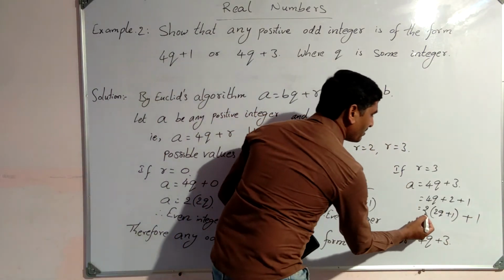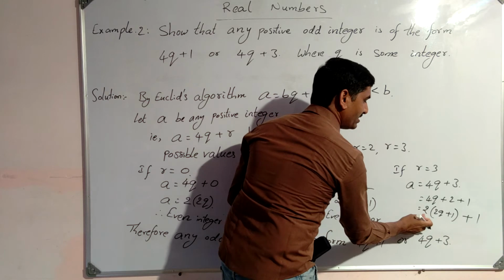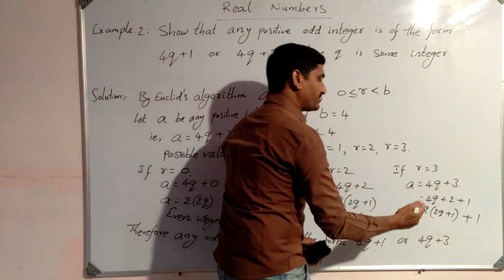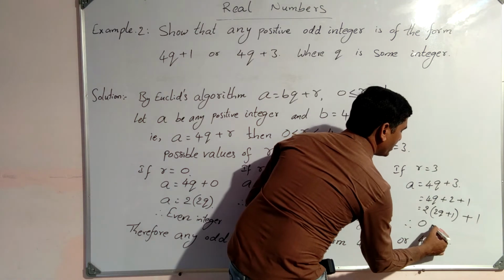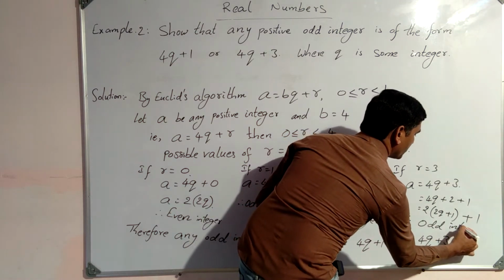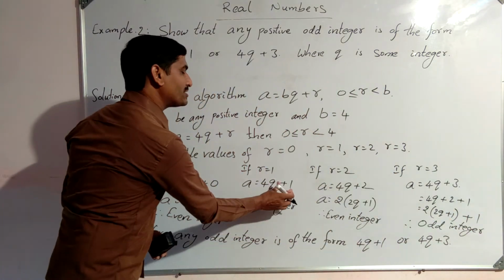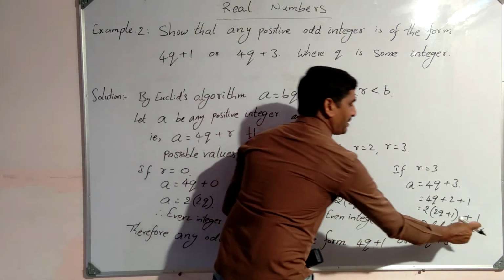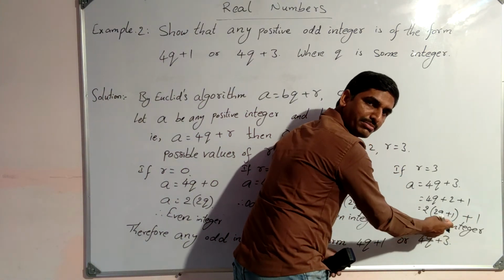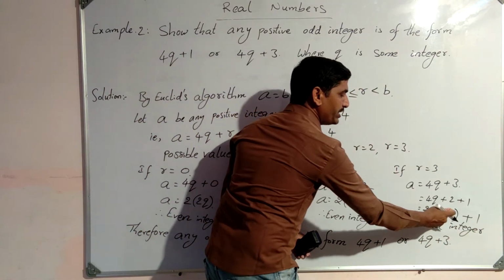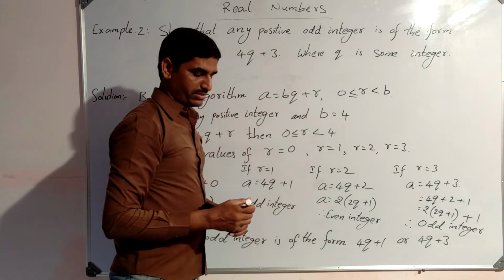Now this is in the form from the previous example 1, 2 into something plus 1. Therefore, it is an odd integer.